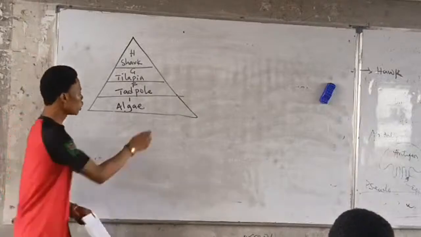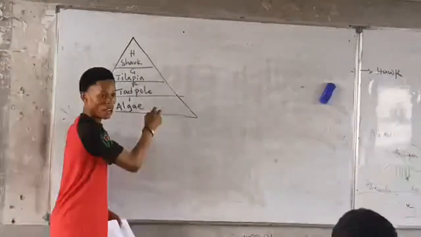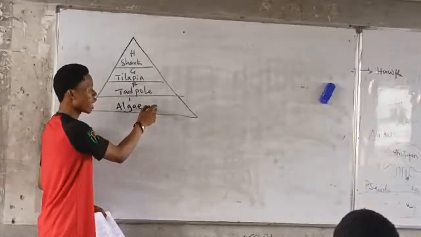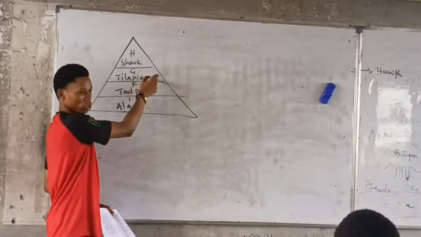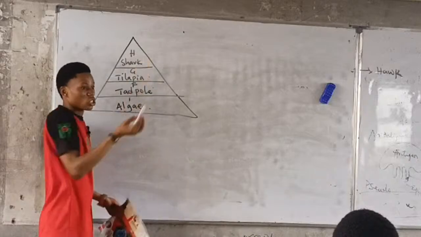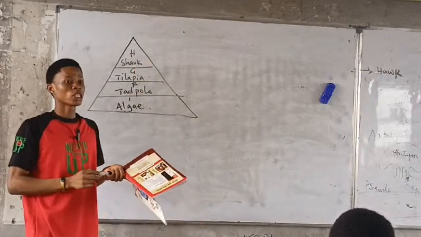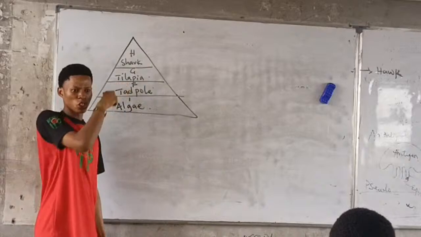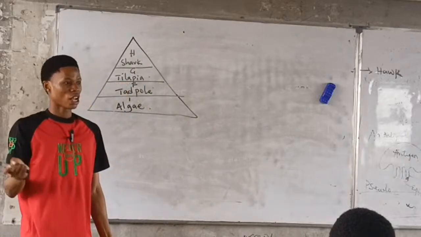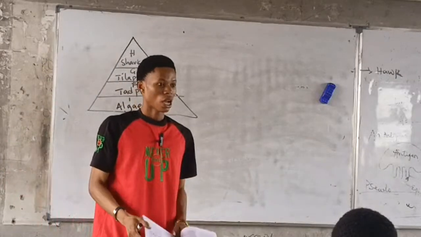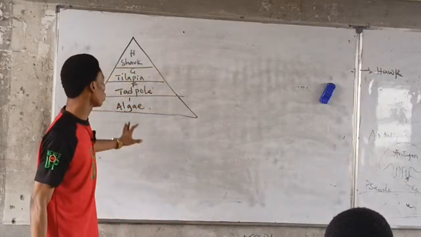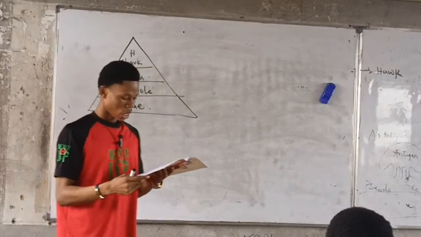This one is what? Producer. This one, primary consumer. Secondary consumer. Tertiary consumer. See. So this is a food chain. Where do you think this food chain can occur? Is it terrestrial or aquatic? Aquatic, right? So this can take place in aquatic habitats.